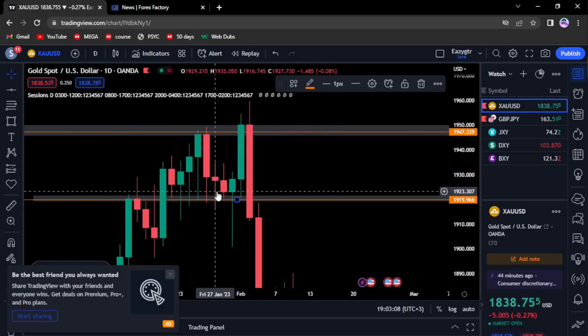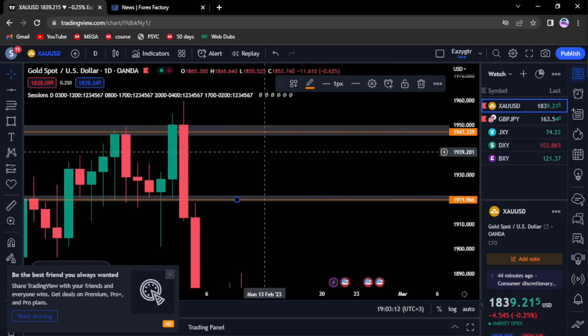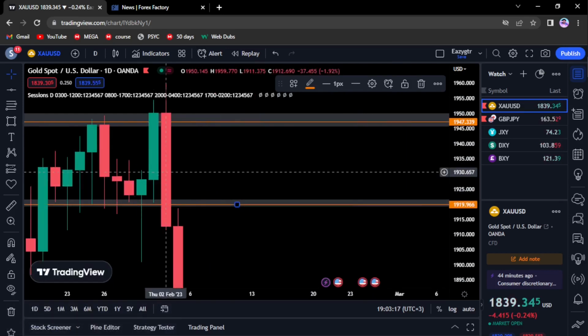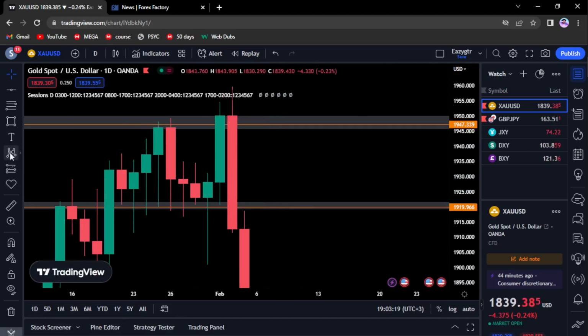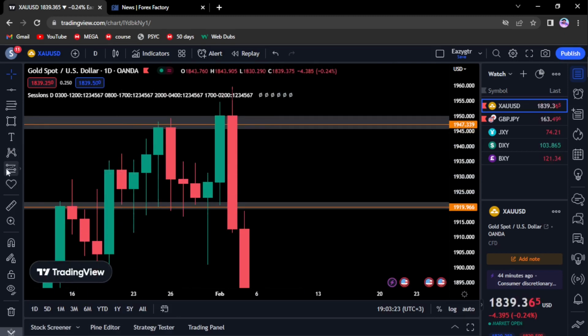Okay, so here's what we do. When support is formed, this is now our setup, but our entry depends on the type of risk, whether it's static or dynamic risk. So if it's dynamic risk, say we want to enter 2% dynamic risk, I'll enter 1% over here when price comes back to tap our support.